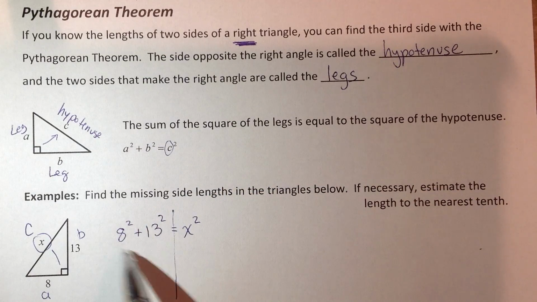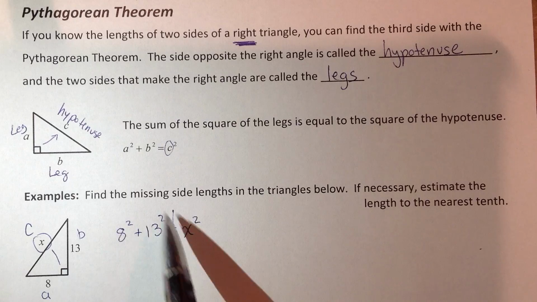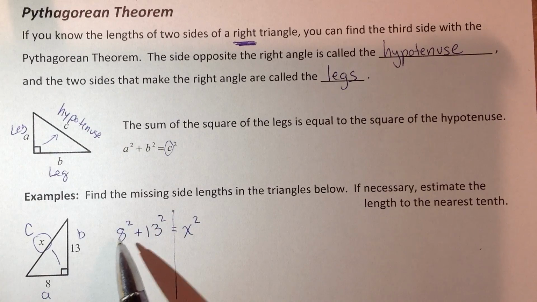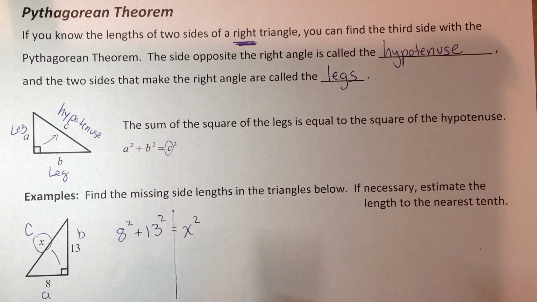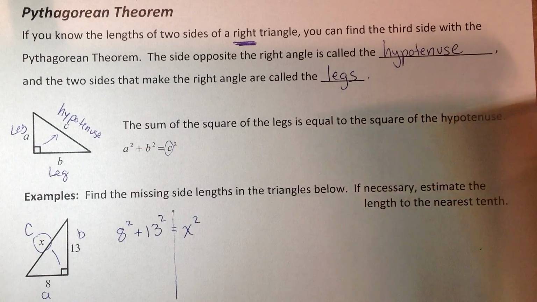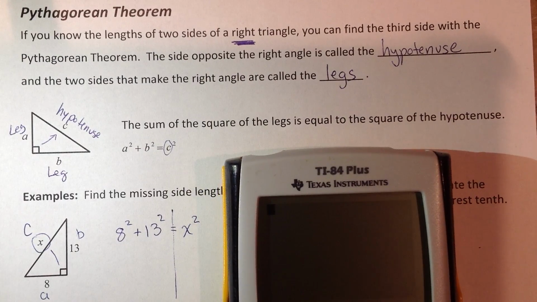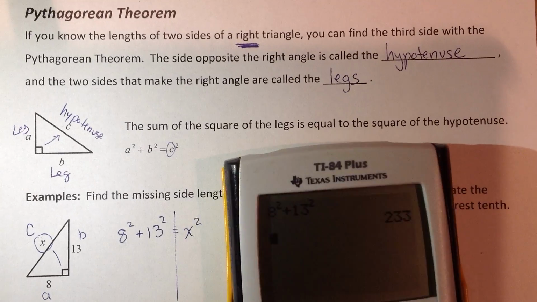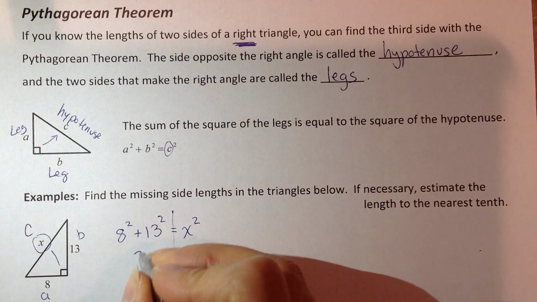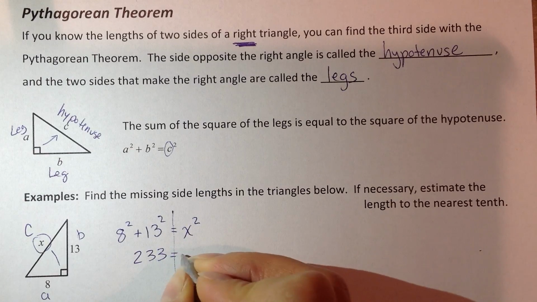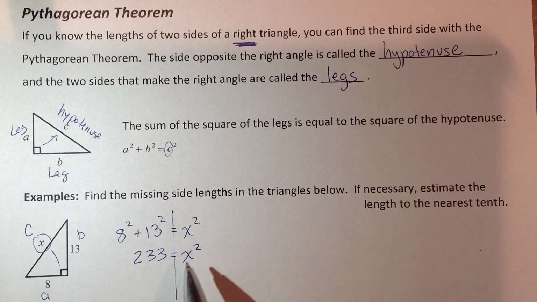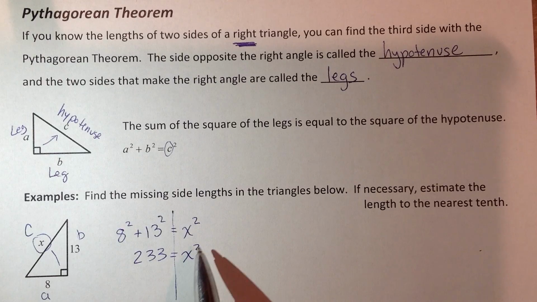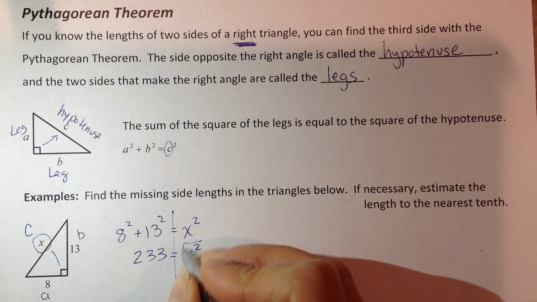When everything is on the same side, you're not using algebra yet, we're just combining like terms. So 8 squared plus 13 squared, or really you can do that whole thing on the calculator, since it's all on the same side. Okay, 233. Now to finish solving this, the inverse operation of squaring is square rooting.